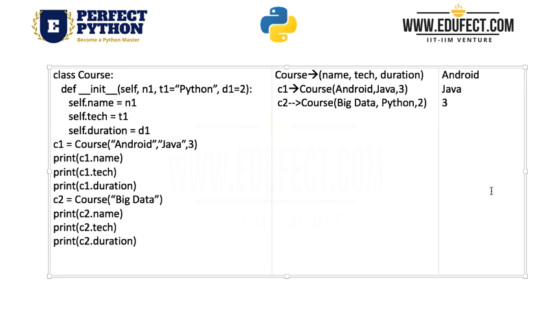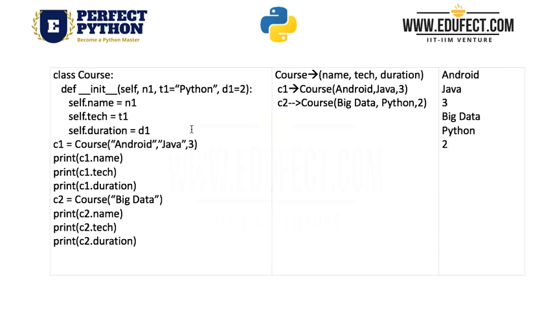Now when we print C2.name, what do we get? Big data. C2.tech is Python, and C2.duration will be 2. So here we have been able to use default parameters of a function in our constructor.